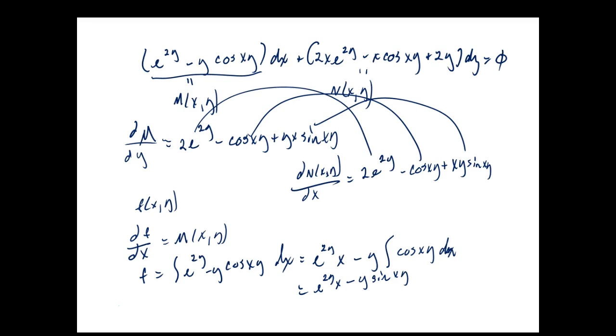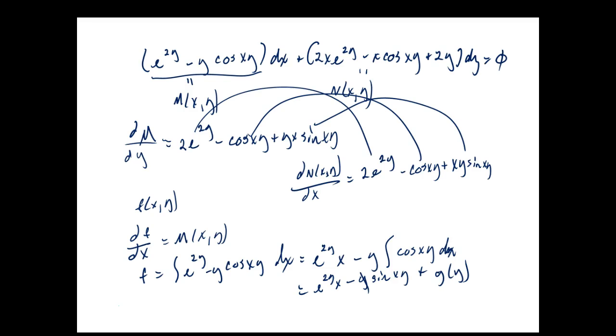Okay, so your 1 over y wipes out this y. Okay, and then we have plus some g of y, some other function of y. Okay, so that is our f.